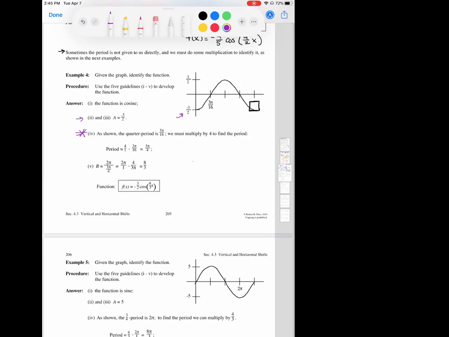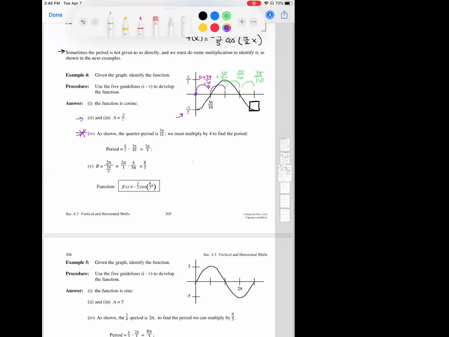As shown, the quarter period is 3 pi over 16. We must multiply by 4 to find the period. Really, you can think about it however you like. You go from 0 to our next number: we add 0 plus 3 pi over 16. Then to get our next one, we add 3 pi over 16 again, and add again by 3 pi over 16, and again by 3 pi over 16.